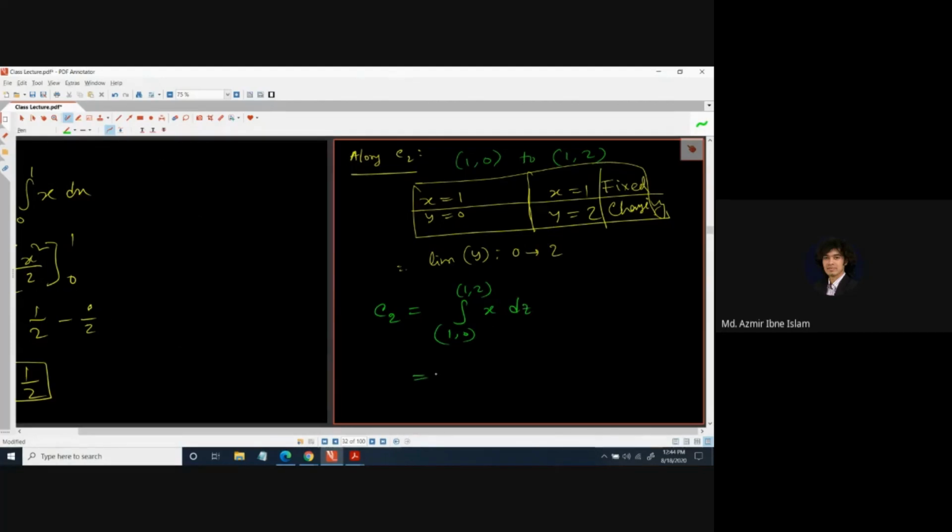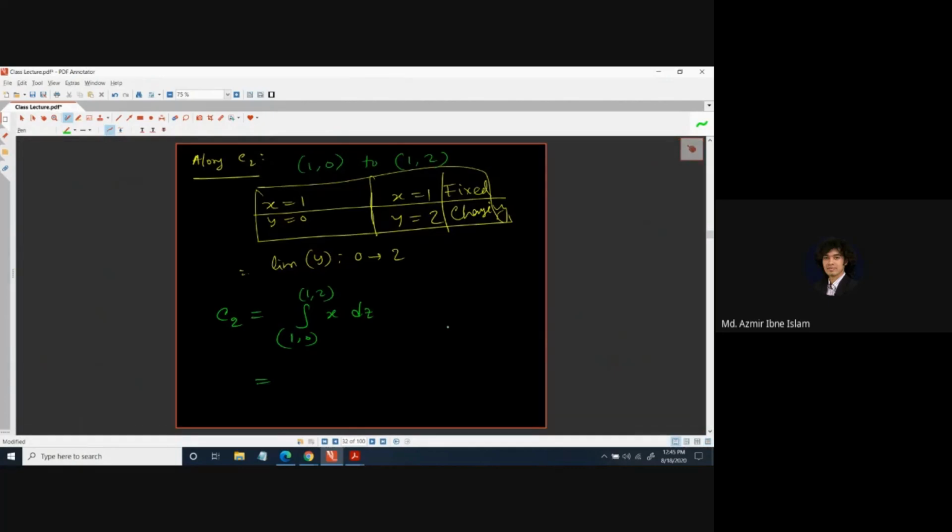Now we have already understood that the limit for C2 will be y, so y equal to 0 to y equal to 2. And here we have x, so for now let's write x and dz. Since we have found y as the limit, don't forget the base form or step. This is step 1.